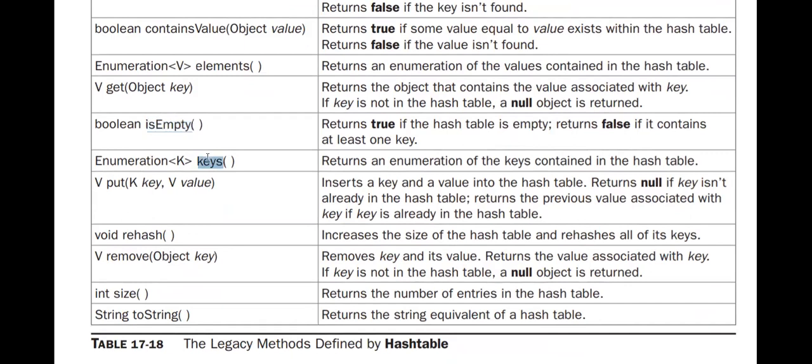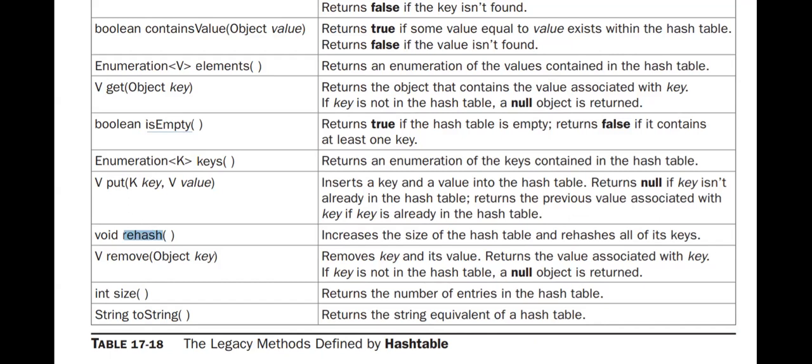Then if we want to extract only the key, then we can call keys method. Then rehash method, it increases the size of the hash table and rehashing will be done on all the keys. Means newly hash values will be computed.